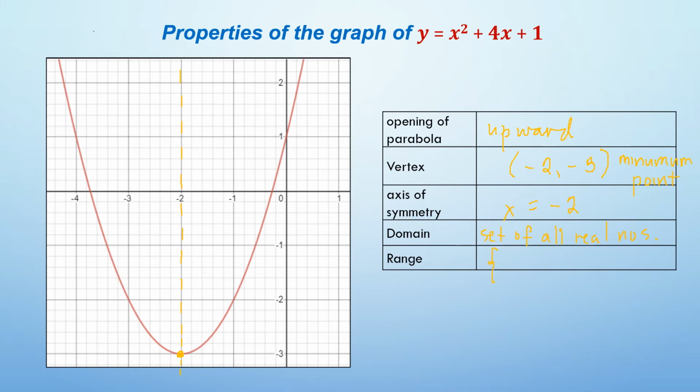The range is the set of all y's such that y is greater than or equal to the value of k, which is negative 3. So in the given vertex, since the vertex is at point (-2, -3), remember that this is our h, this is our k.